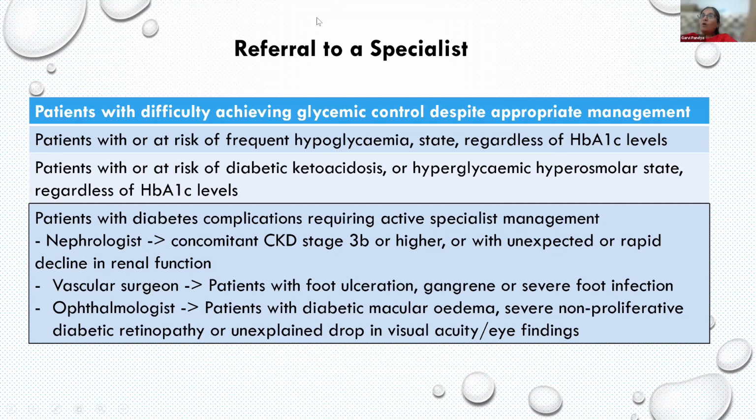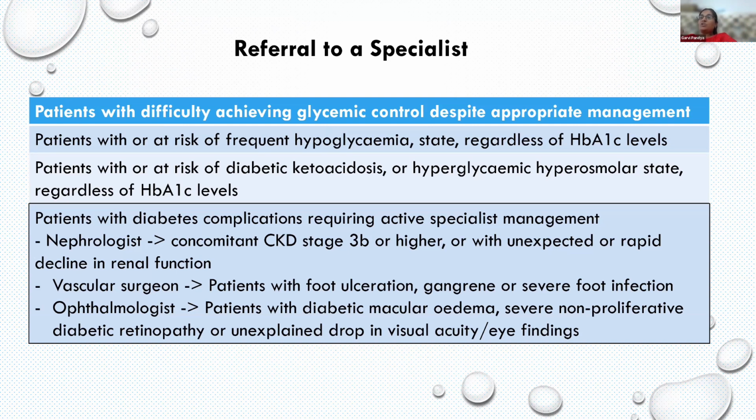So now the question comes: when should we refer to a particular specialist? When the patient has difficulty achieving glycemic control despite appropriate management, or gets recurrent frequent hypoglycemia regardless of HbA1c target, or has a diabetic crisis like diabetic ketoacidosis or hyperosmolar hyperglycemic state, or has CKD stage 3B or higher, they need to be referred to the nephrologist.